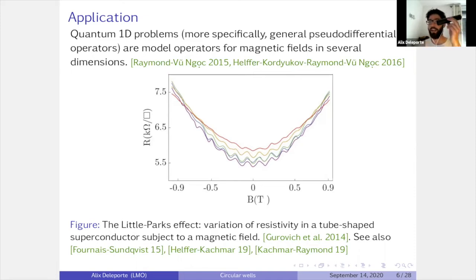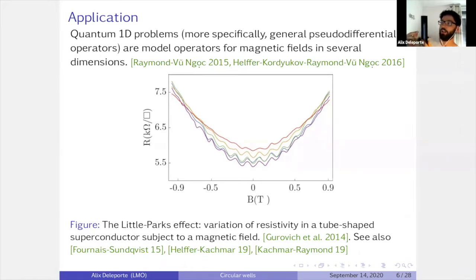You take a thin and hollow cylinder, such as this one, but imagine it's made out of a superconducting material, and you apply to it a magnetic field which is parallel to the axis of the cylinder.